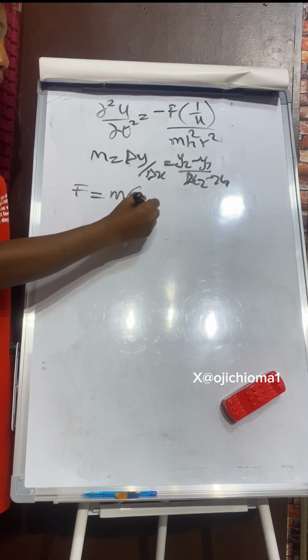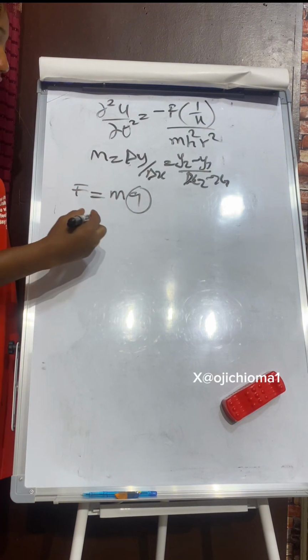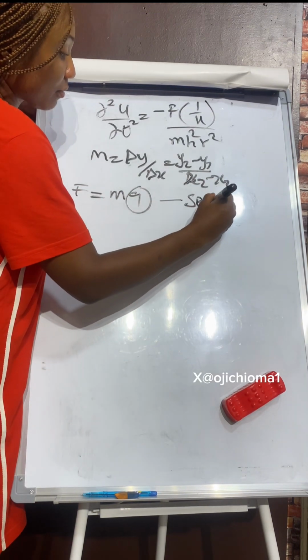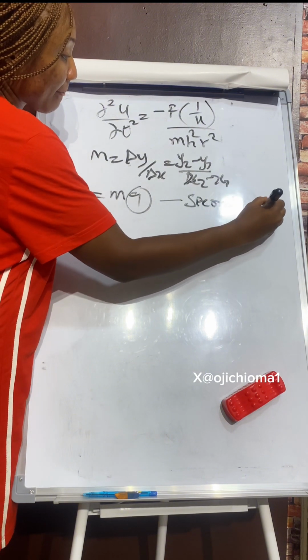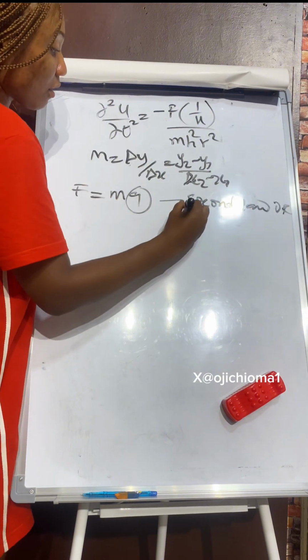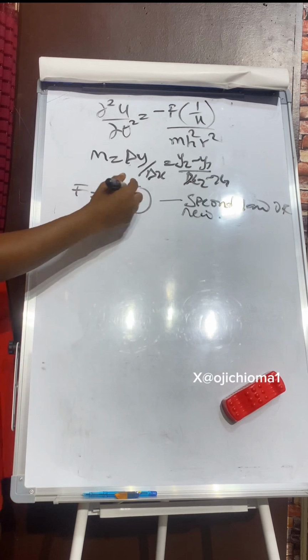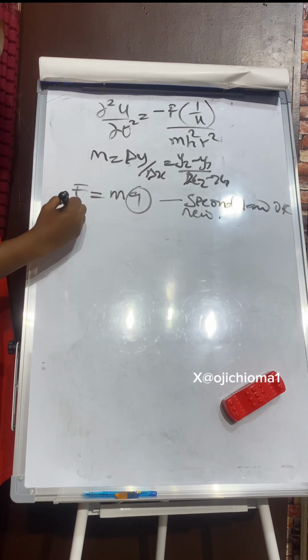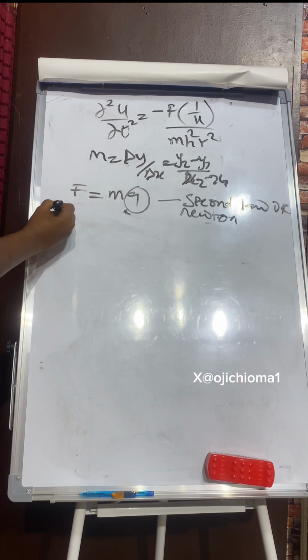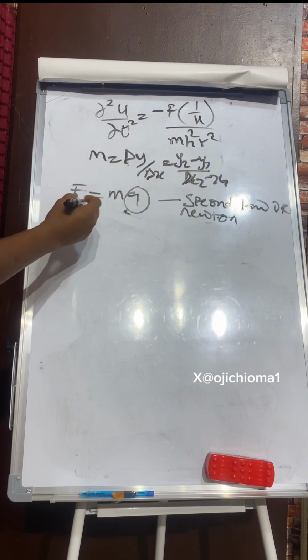Now we are getting this in polar vector form, getting acceleration in polar vector form, which is the second law of Newton.